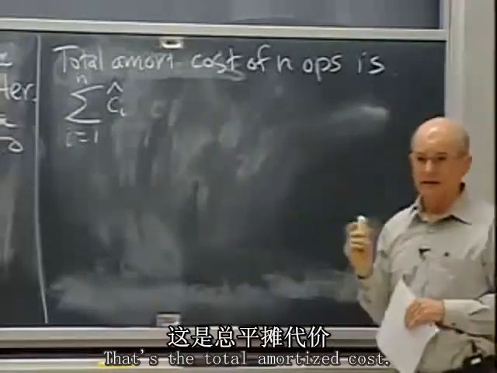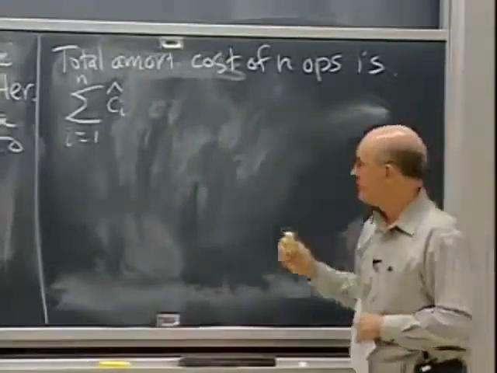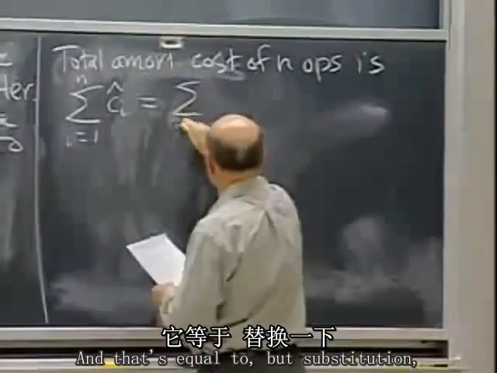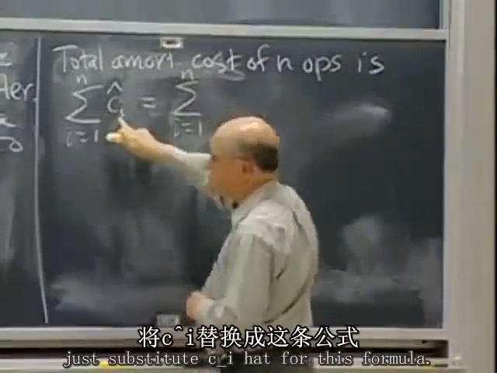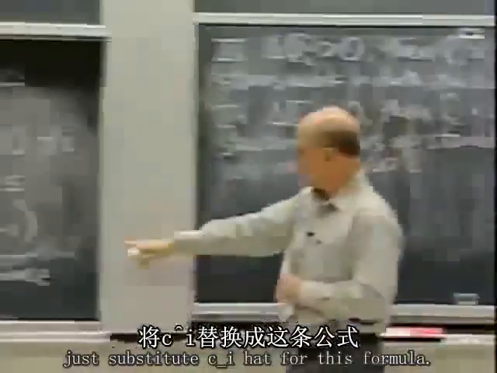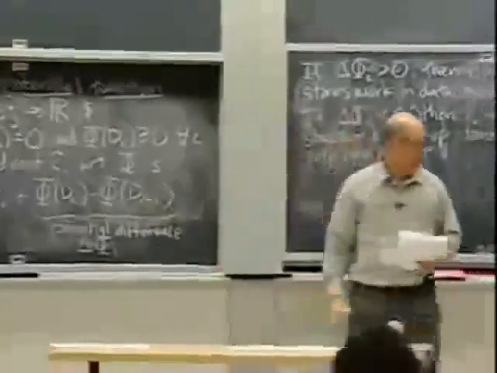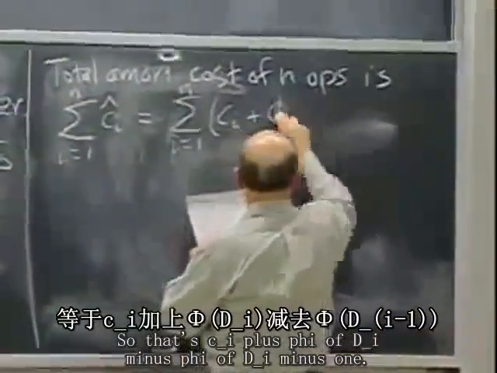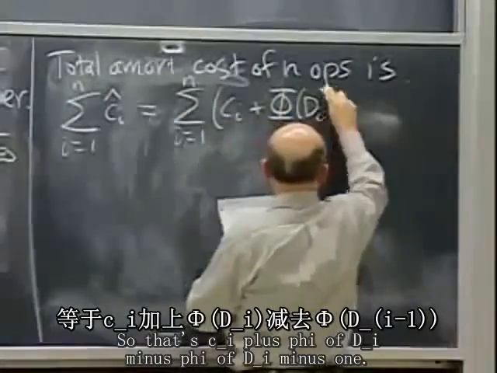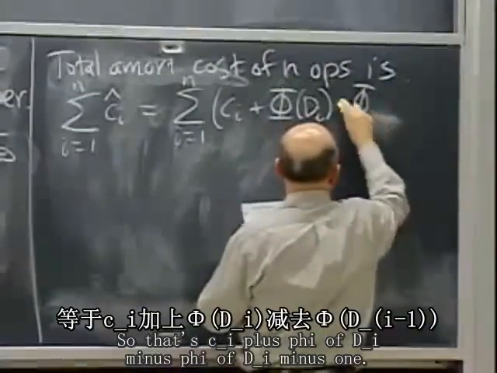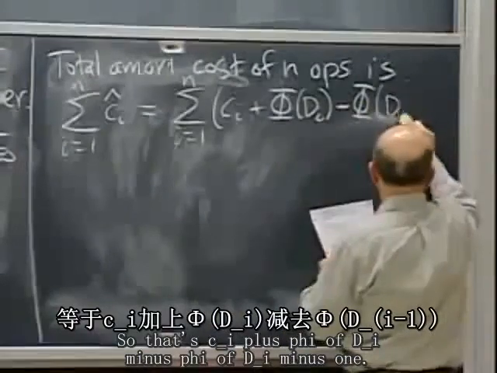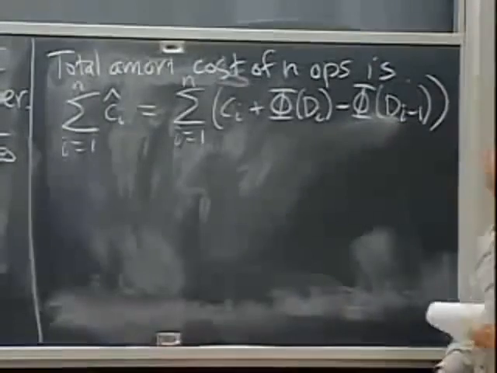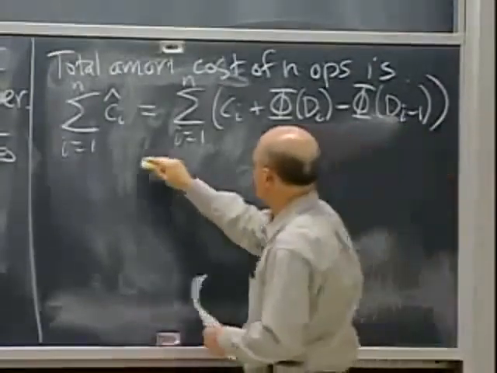That's the total amortized cost. And that's equal to, by substitution, just substituting ci hat with this formula, ci plus phi of di minus phi of di minus 1.